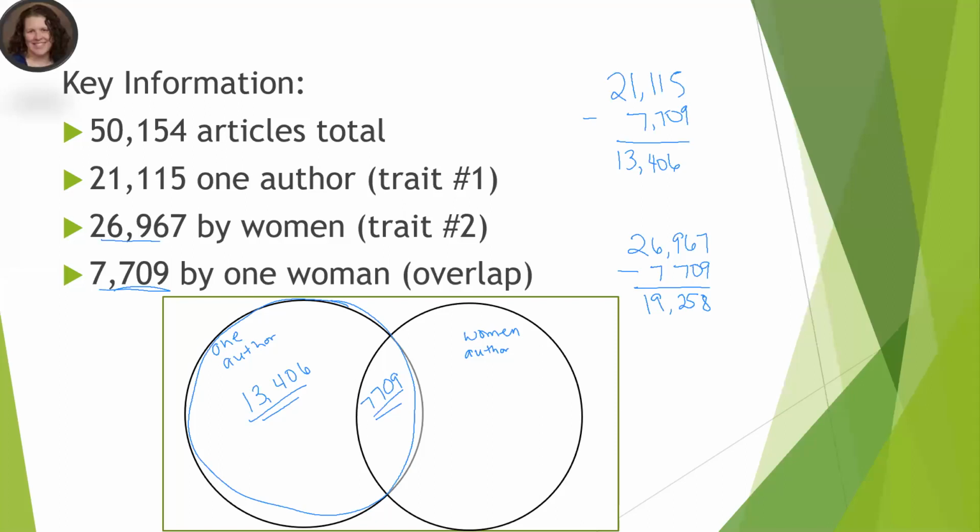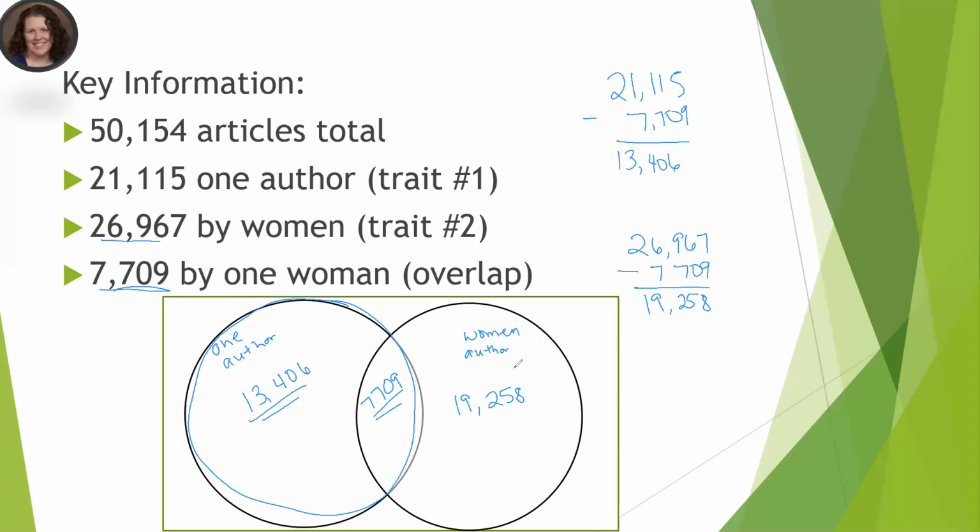All right, so when we do the subtraction, we get 19,258. So that means that there were 19,258 articles written by women when there was more than one author. So maybe two women or a woman and a man. And then of the articles that had women authors, this 7,000-ish were just one woman writing an article by herself instead of women writing in a group.